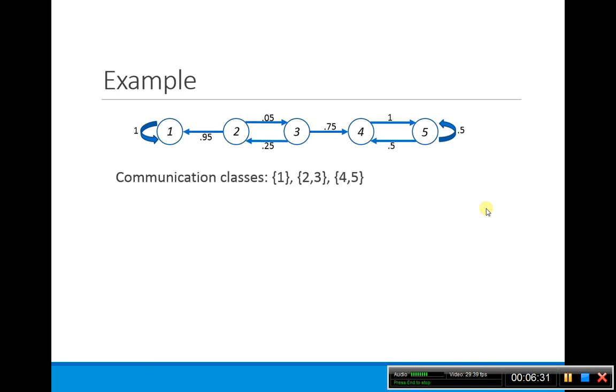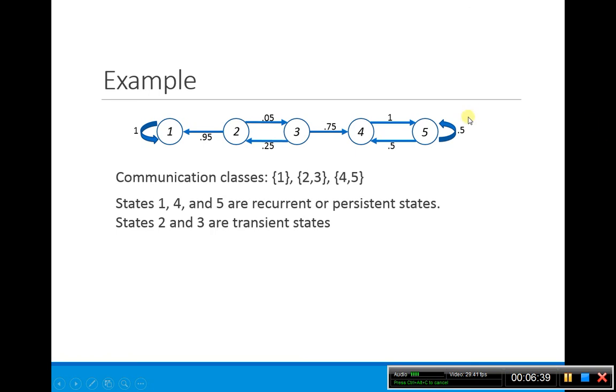Here's another example. This one has 3 different communication classes: 1 by itself, 2 and 3 communicate, and 4 and 5 communicate. States 1, 4, and 5 are recurrent, or persistent, states. Remember, recurrent means I come back to myself.